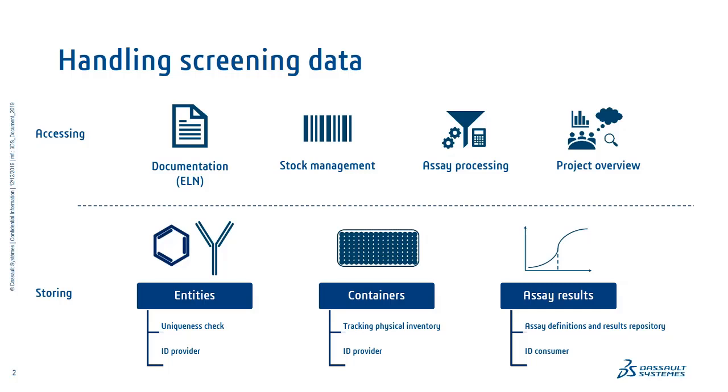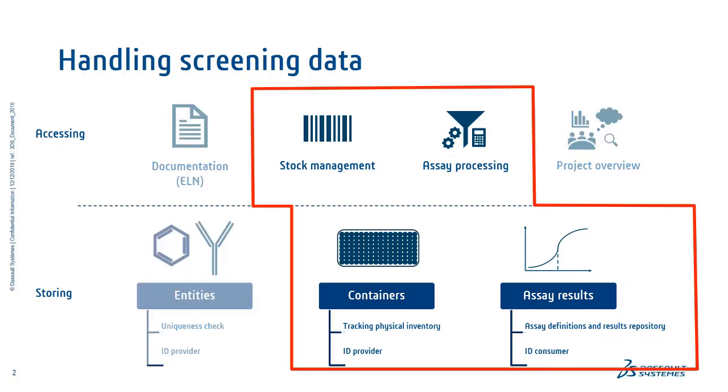While Dassault Systèmes, and BIOVIA more specifically, is providing solutions to address all those aspects, today we will focus on parts around the logistic aspect of stock management and containers, but even more extensively around assay processing and how to produce those assay results that will drive your scientific decision process.